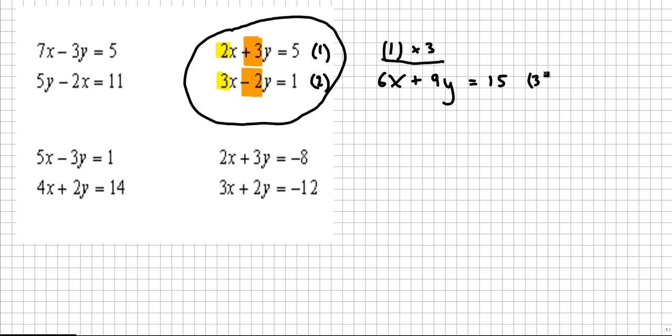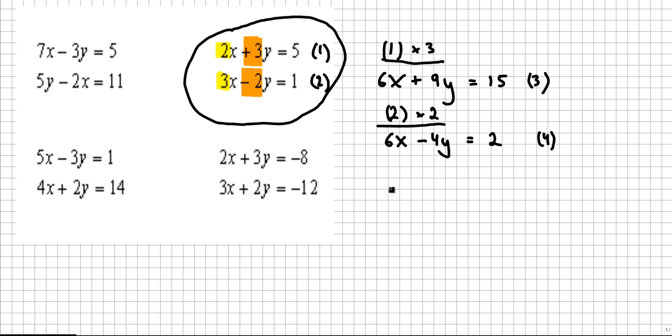This is going to be equation number 3. 3x, we need to times it by 2, so take equation number 2, times it by 2. 3x times 2 is 6x. Minus 2y times 2 is minus 4y is equal to 1 times 2 is 2. This is going to be equation number 4.